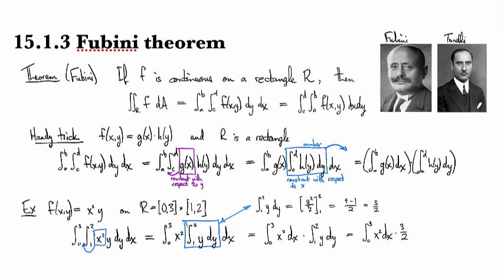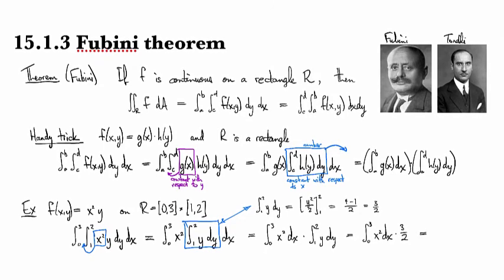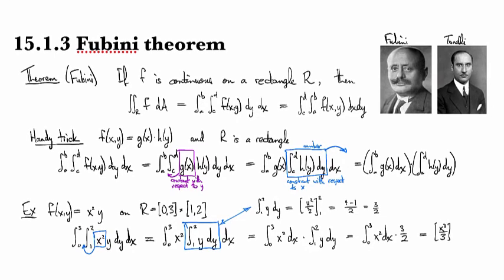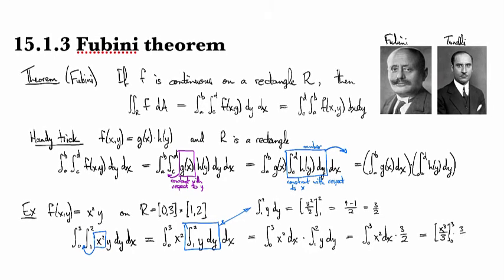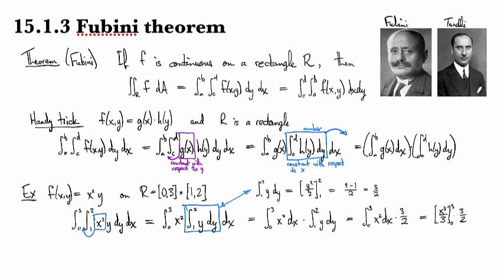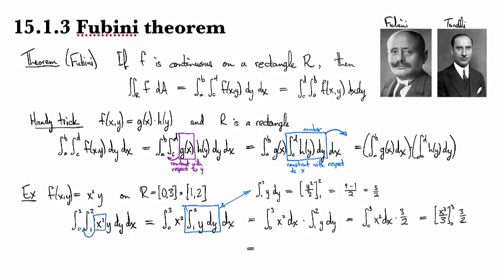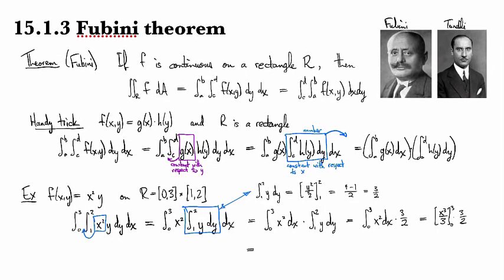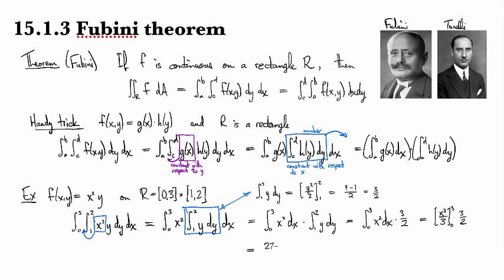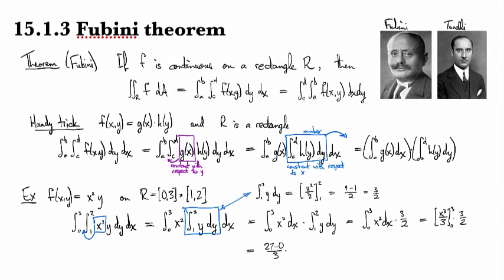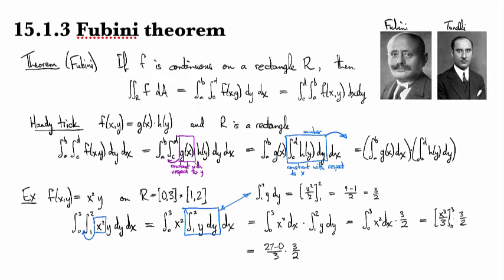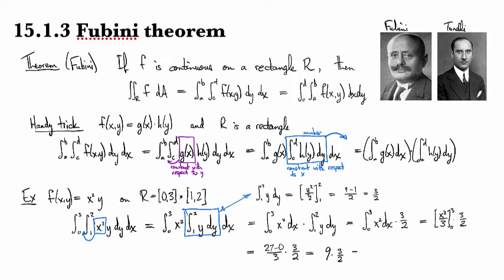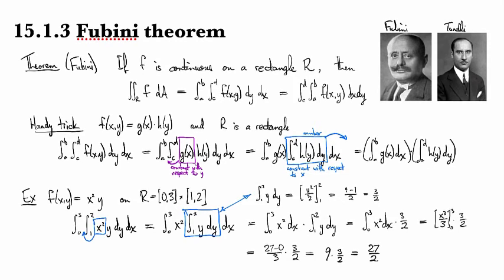And at any point we can also go ahead and do the x integral, and we see that that's x cubed over 3, from 0 to 3, and so that's 27 minus 0 over 3 times 3 halves, or 27 over 2.